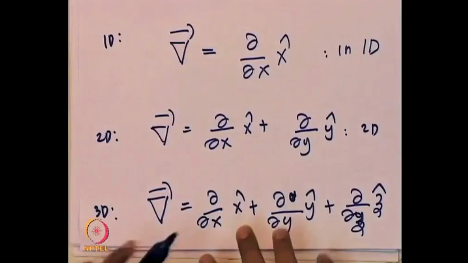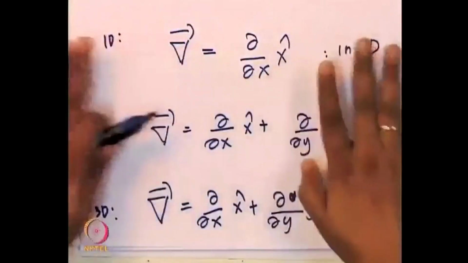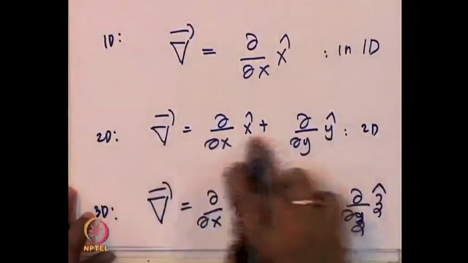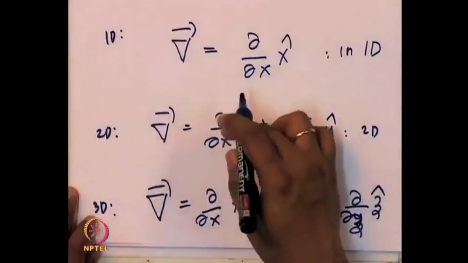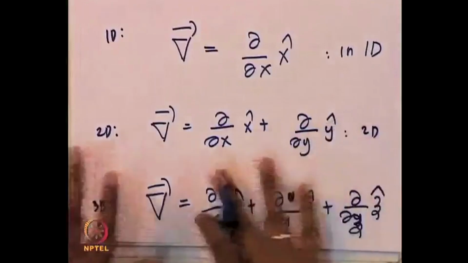If you are talking about flow in a plane, where things flow in all directions in the plane, we have to apply this derivative, because the concentration can change along x and y. And if it is flowing all over 3D, then you have to use the third derivative that we discussed.